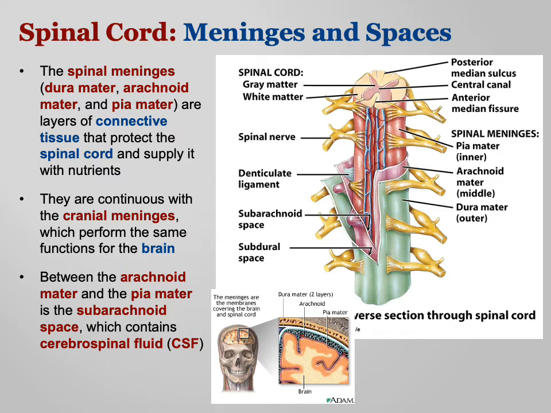And it contains cerebrospinal fluid, CSF, we'll abbreviate it. That's a watery-like substance that's full of nutrients, and it does a lot of things. We're going to talk more about CSF later. It cushions and protects in and of itself, but it also carries nutrients and carries waste products away, so it's very important.